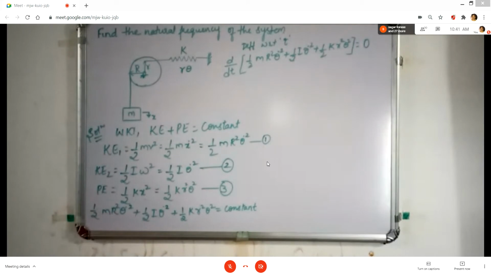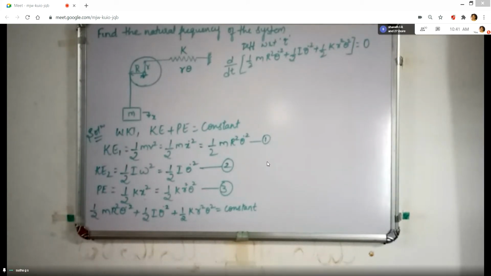Now differentiate it and write down the equation.